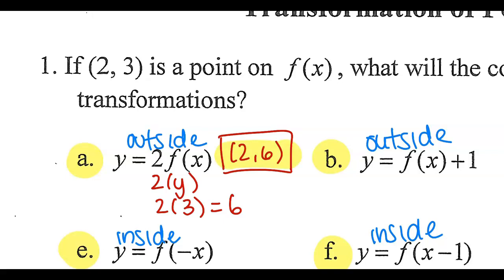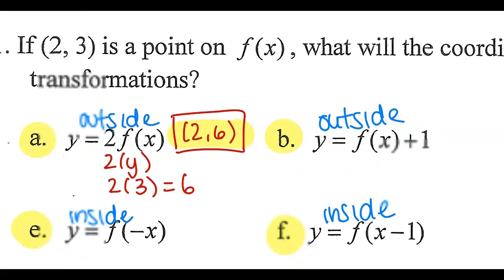That's my new point. That's all we're doing. Let's do the same thing for letter B. Again, this one is asking you to change something that's outside, and again, we're transforming this point. When you have a transformation occurring outside of your function of x, we are only changing the y value. We did this last class. Every time we make a transformation, we always want to see, is it going to affect the x's or the y's?